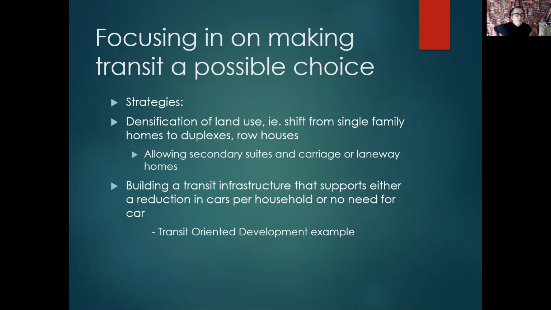You can also, through just densifying land use, shift from single family homes to duplexes and row houses. Or as in Prince George, a lot of the single family zones allow secondary suites, and some will also allow carriage or laneway homes. And at the same time, you could build a transit infrastructure that supports either a reduction in cars per household, or makes it so there's no need for a car.